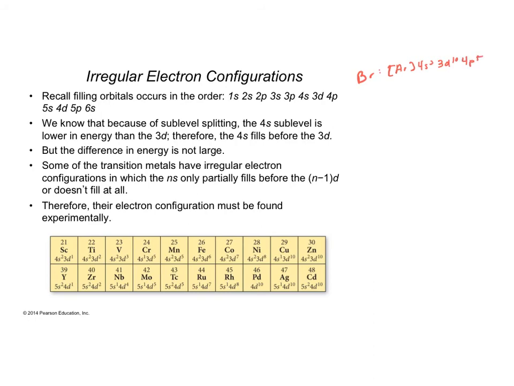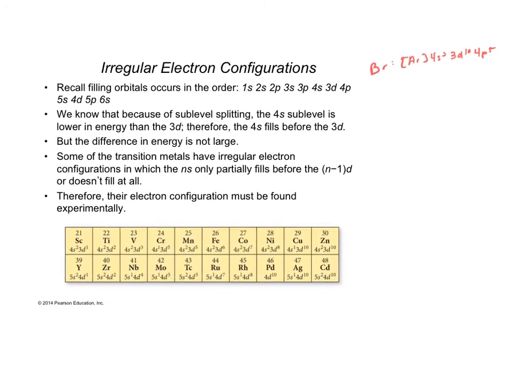But we haven't actually talked about the electron configuration for any of the transition metals, which happen to be these d orbitals. Remember that when we were looking at the energy levels, we found that the 4s orbital was at a lower energy state than the 3d orbitals, even though 3 is a lower principal quantum number.